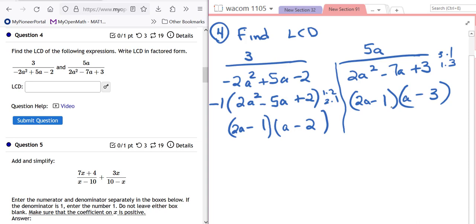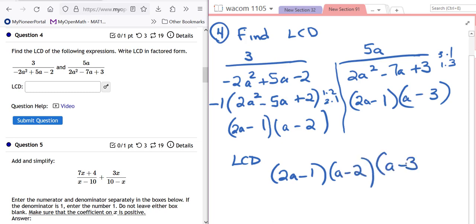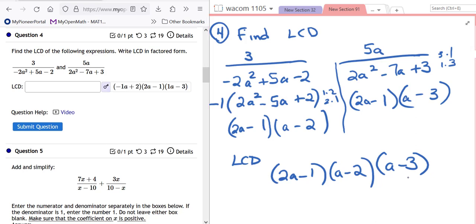Right. These are the types of factors you have. You take it from where it occurs the most. So we will only need 2a minus 1 one time. We will need a copy of a minus 2, and we will need a copy of a minus 3. So that should be our LCD. And hopefully we won't have any problems.